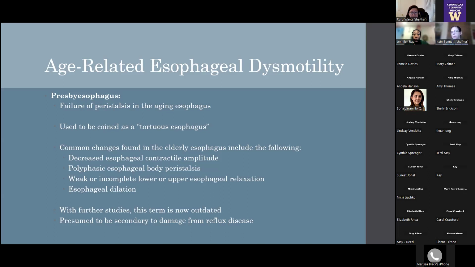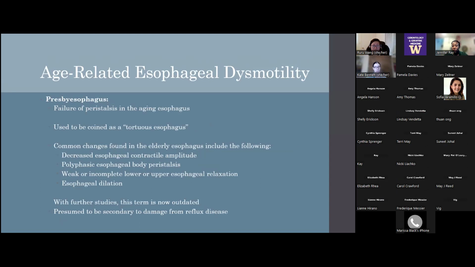Things that were reported in the past were decreased esophageal contractile amplitude or force in the esophageal body, having polyphasic esophageal body peristalsis or kind of more spastic, uncoordinated peristalsis or muscle contractions, having weak or incomplete lower or upper esophageal sphincter relaxation, and having just a dilated esophagus. With further studies and with time, we don't really use the term presbyesophagus anymore. All these changes that I just referred to were presumed to be secondary to damage from reflux disease.